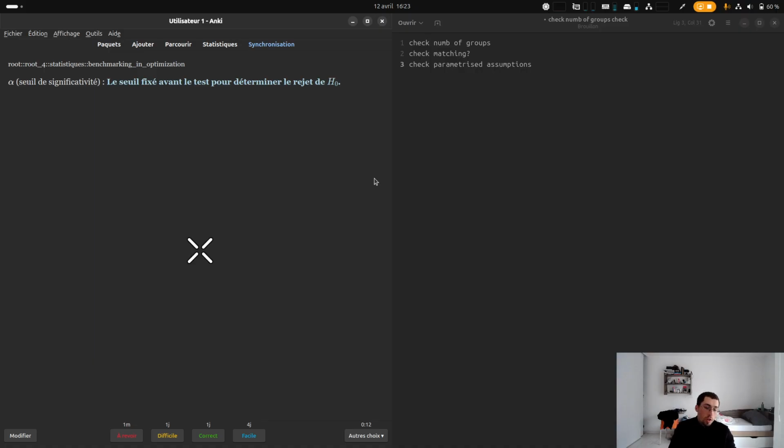And do you reject or not H0 based on that? Two groups, non-paired but parametric t-test. Data's normality, its independence, when it's non-parametric and non-paired.